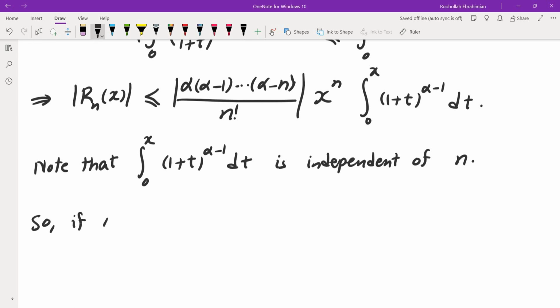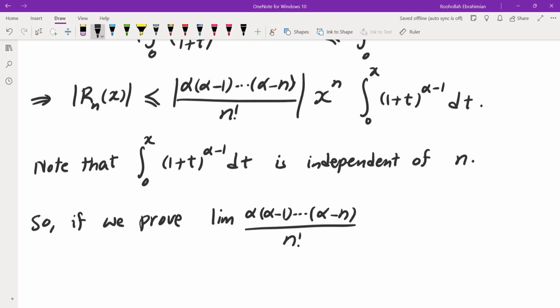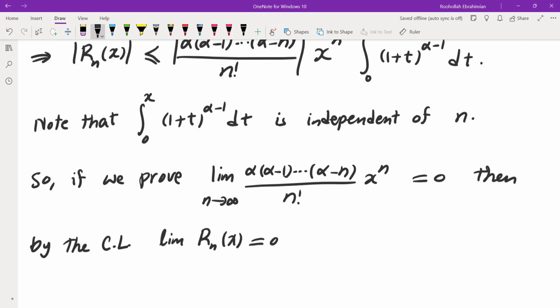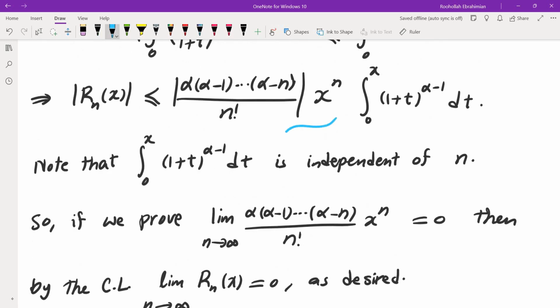So if we prove that the limit of alpha(alpha - 1)...(alpha - n)/n! times x^n is 0, then by the comparison lemma, the limit of Rn(x) would also be 0 as n goes to infinity, as desired. So the key here is to show that this goes to 0 as n approaches infinity.